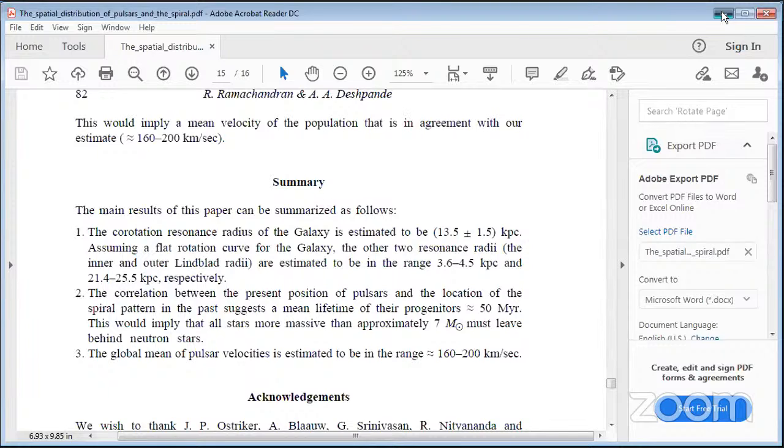One of them is the study of dispersion measures. One sees the dispersion effect, which can be used to infer how the electron density changes in different directions. There are neutral hydrogen measurements where you will see concentration of matter in the spiral arms.